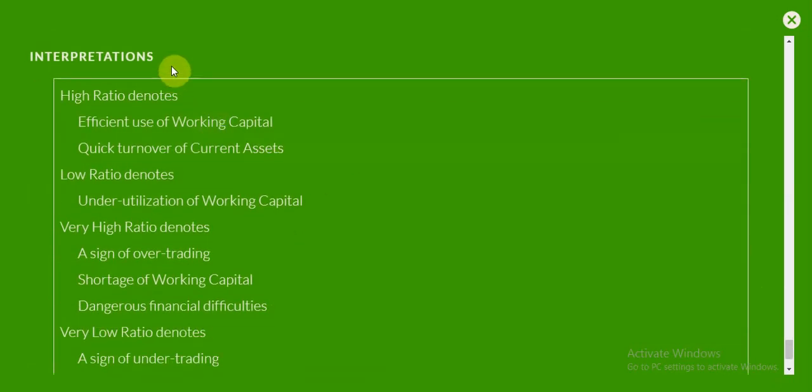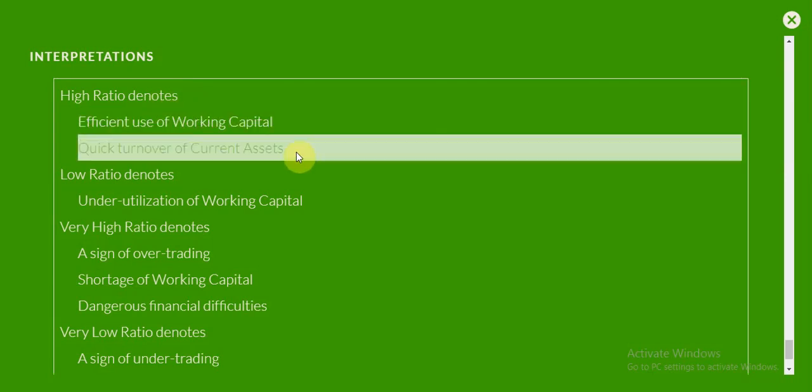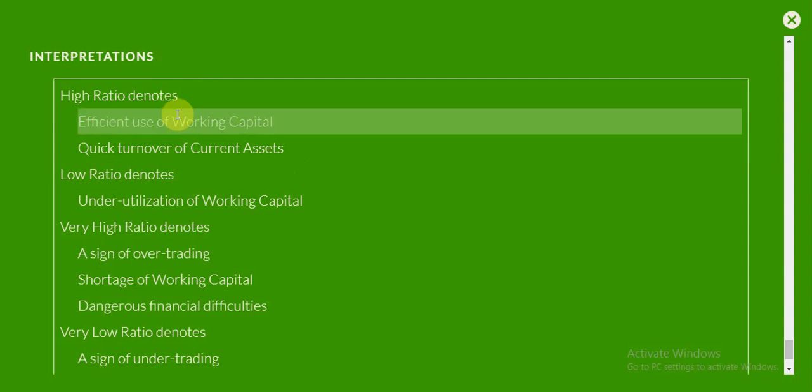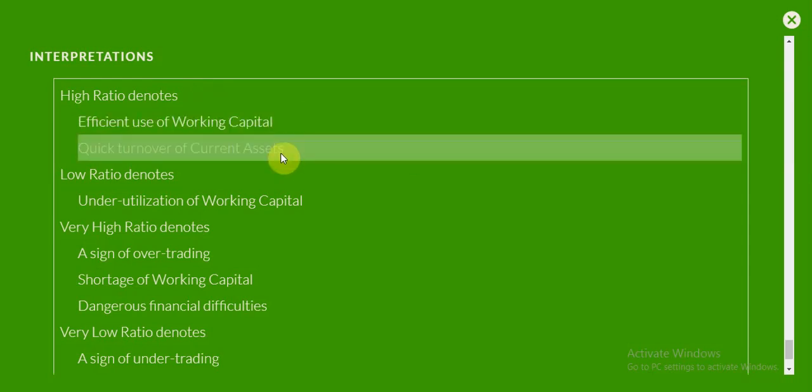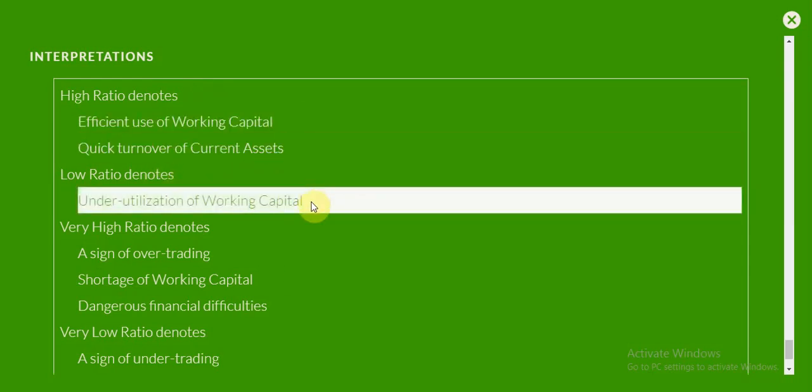Okay, what are the interpretations of this working capital turnover ratio? A high ratio denotes that we are using our working capital in an efficient manner, and that there is a quick turnover of current assets. So a high ratio is advisable and good for any firm, and a low ratio denotes that we are underutilizing our working capital.